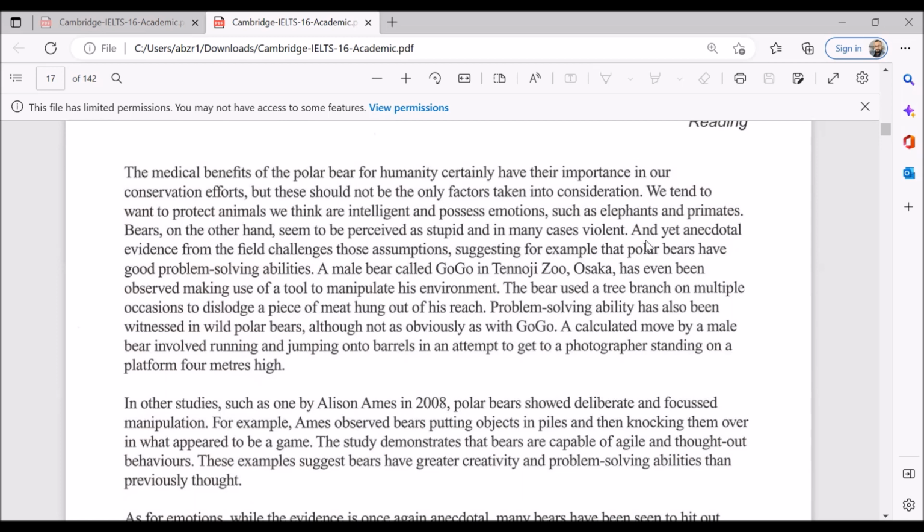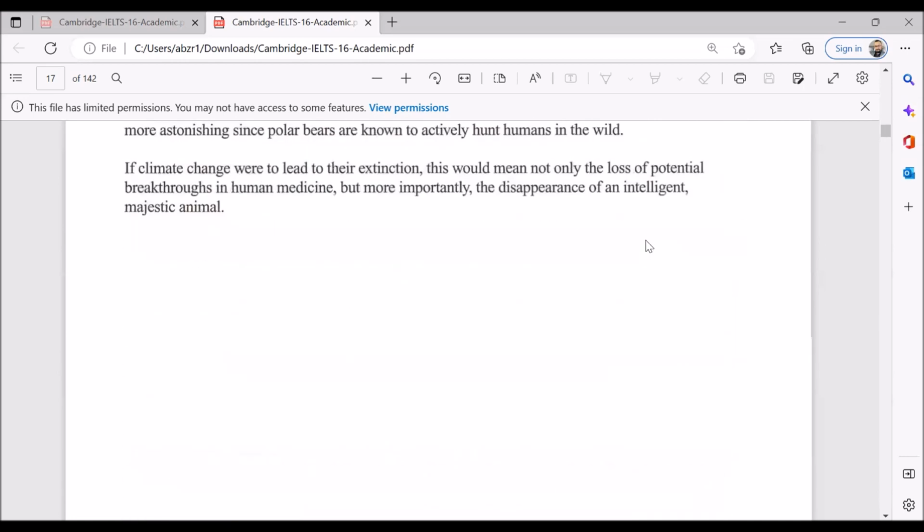And then in the next sentence, they are mentioning the tool name, which is the tree branch, more like subordinate information. "The bear used a tree branch on multiple occasions to dislodge a piece of meat hung out of his reach." I believe the answer should be tool because tool is the appropriate word. They are using a tree branch as a tool to dislodge a piece of meat. Tool is the correct answer.